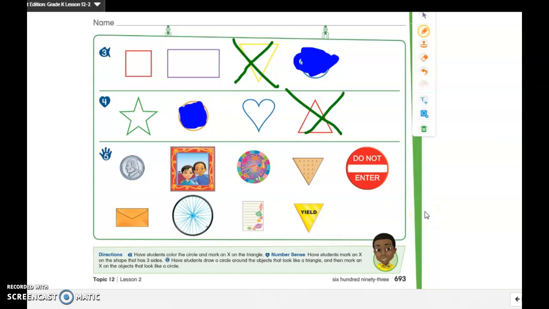Okay, so in the bottom, we are going to ignore the directions. I'm going to circle the circles and put an X on the triangles, okay? So circle the circles and put an X on the triangle. Why don't you take a look at those and decide, let's start one at a time. Which ones should I circle?